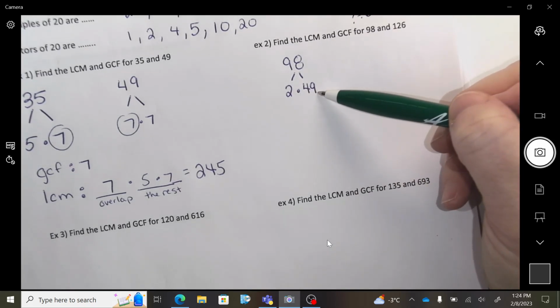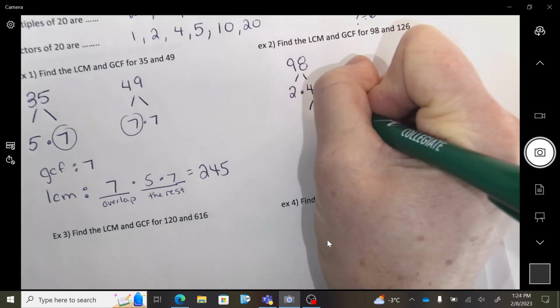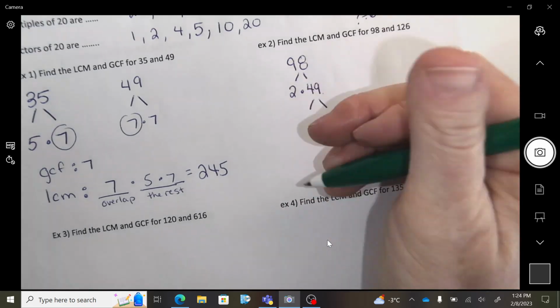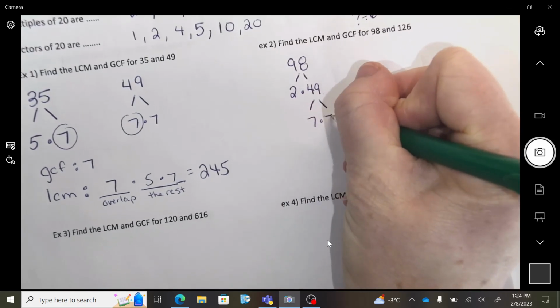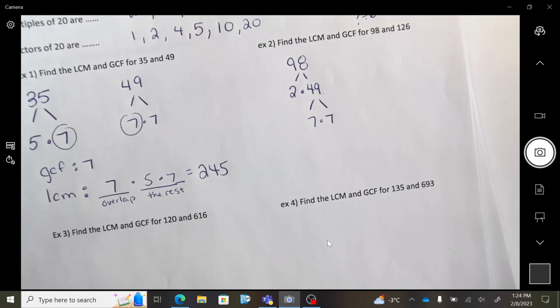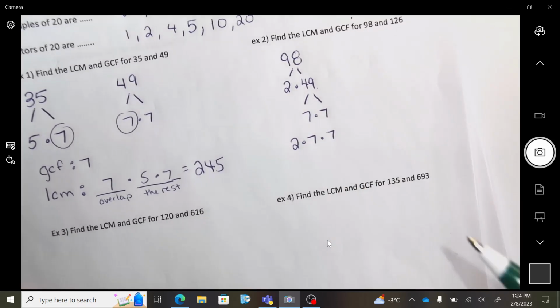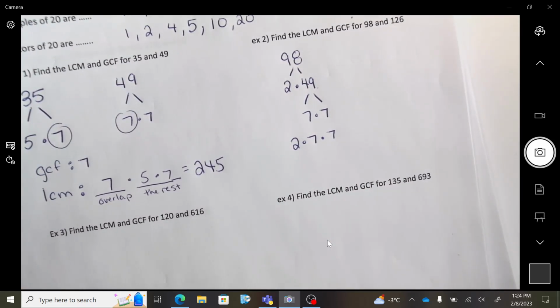And then I have to keep going because 49 isn't prime. So what prime number would I divide that by? 7. So I'm going to conclude it as a whole now. This would be a 2 times a 7 times a 7. 2 times 7 times 7 makes 98.